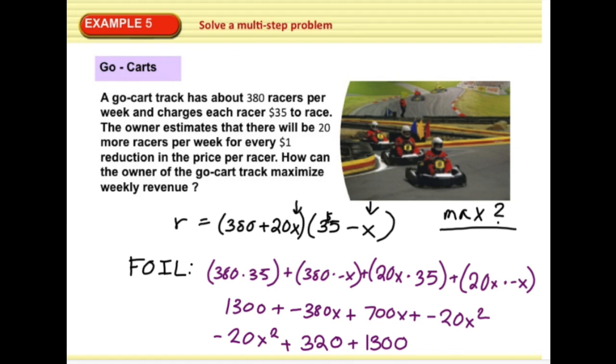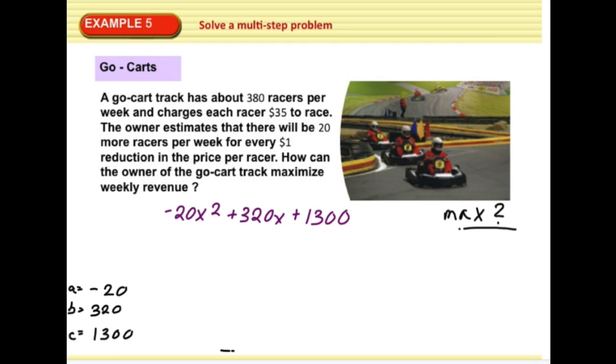So I rearranged it so that it looks like y equals ax squared plus bx plus c, right? So now I have my a, negative 20, my b, 320, and my c, 13,300. You should certainly be able to use those variables to find the maximum of this equation.